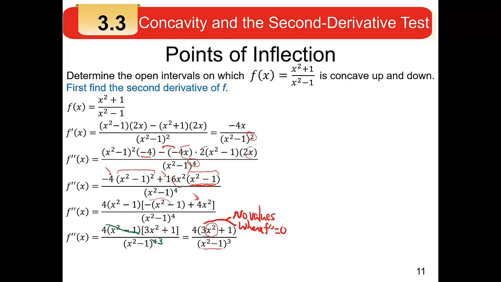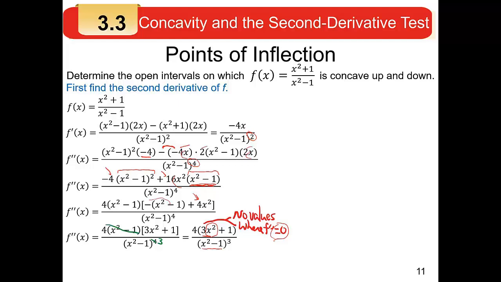When you multiply 3 by something that the least it can be is 0, then the least that 3 times something could be is 0. But when you add 1 to it, it's going to be positive. So there's nothing you can do to the expression 3x squared plus 1 to ever make it equal to 0. It can't happen. So there aren't any values where the second derivative is equal to 0.